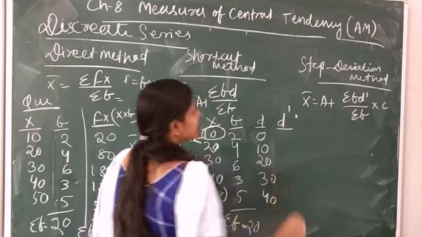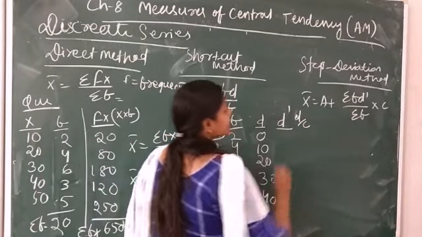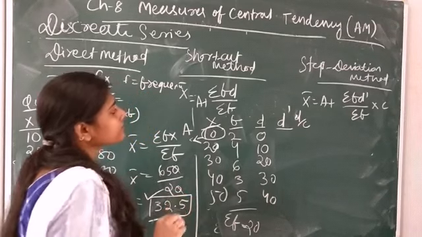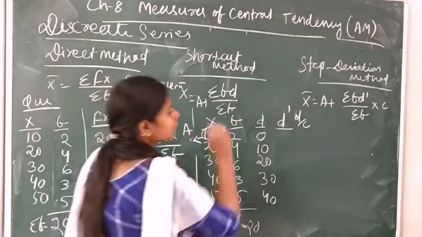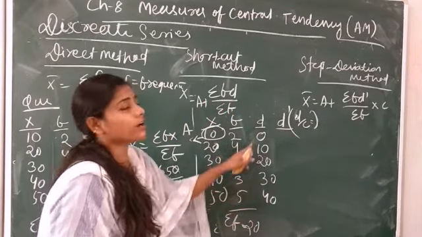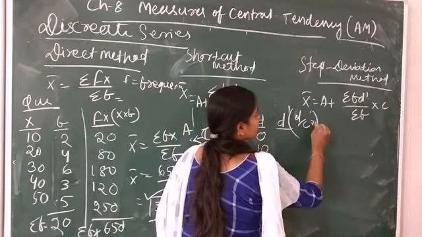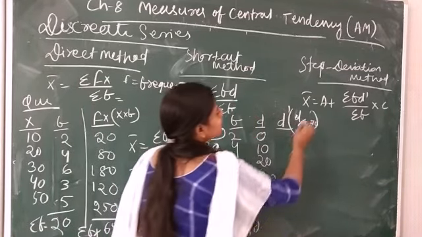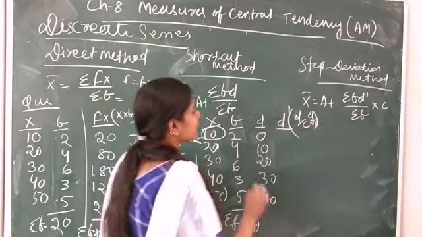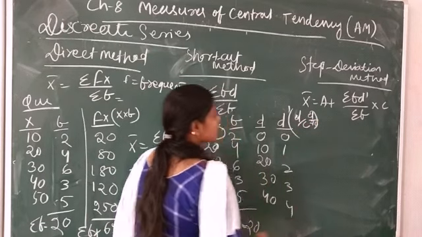Here we calculate d dash. So d dash equals d by c, where c equals the class interval, and we take the number which is divisible into all the items, that is 10. So d by 10, that means 0 by 10 equals 0, then 1, 2, 3 and 4.